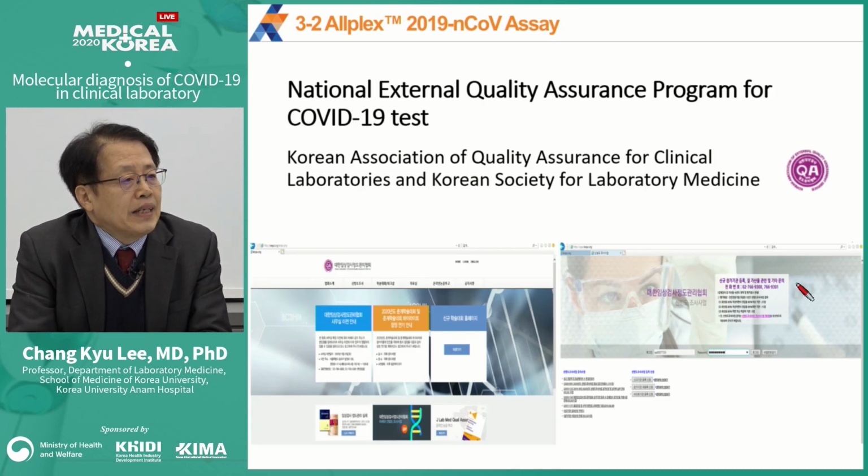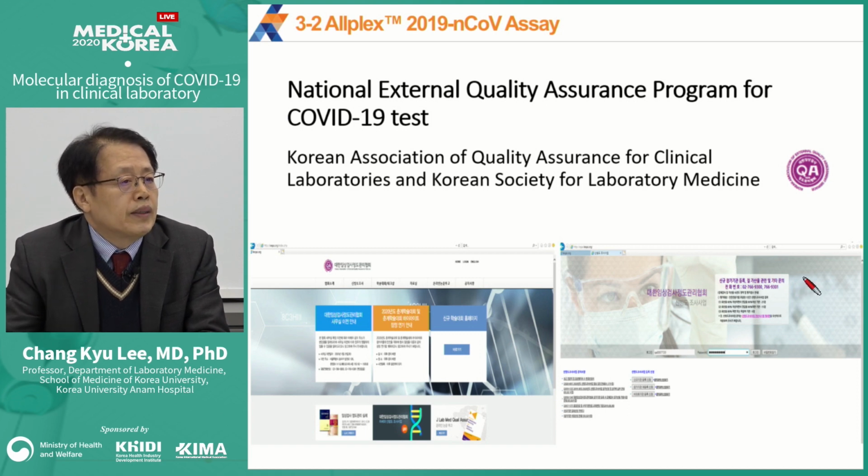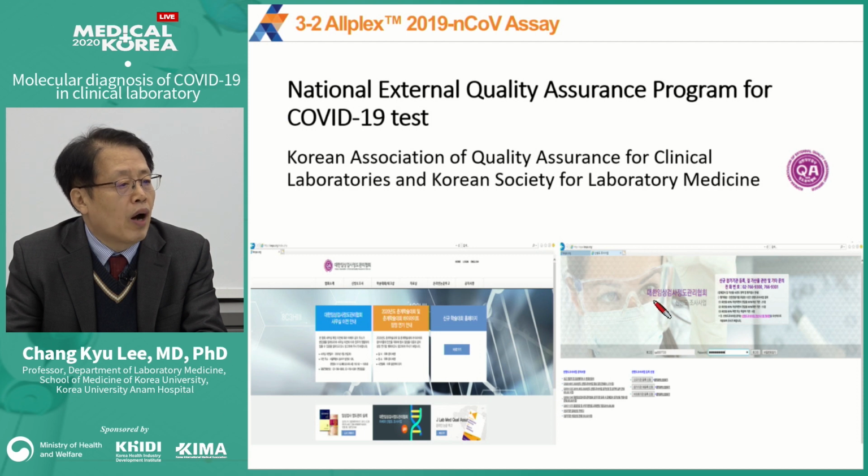Before COVID-19 test got started in clinical laboratory, National External Quality Assurance Program was launched for quality assurance. It is hosted by Korean Association of Quality Assurance for Clinical Laboratories and Korean Society for Laboratory Medicine. This is homepage for this site and login site.